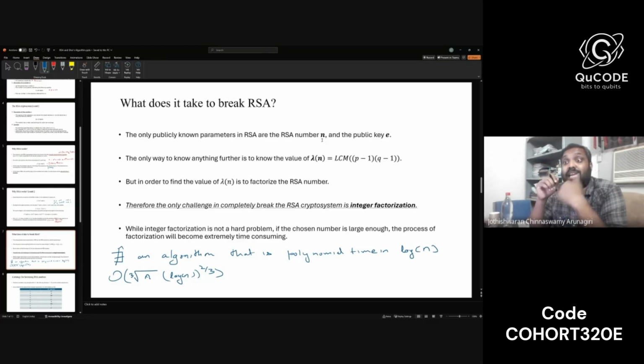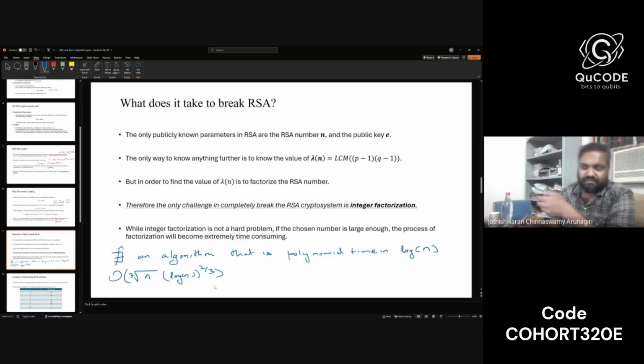Now, how is RSA made hard? RSA is made hard by making this number so large that it is intractable to calculate. So this is technically not a hard problem. Like if I go to the core meaning of hardness, RSA technically is not a hard problem. The fastest known algorithm to solve integer factorization has this kind of a complexity: cube root of n times log n to the power 2 by 3.